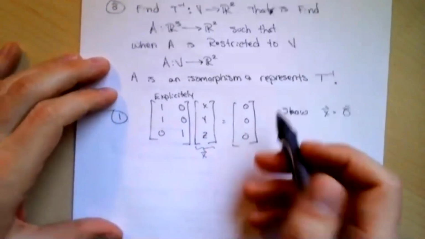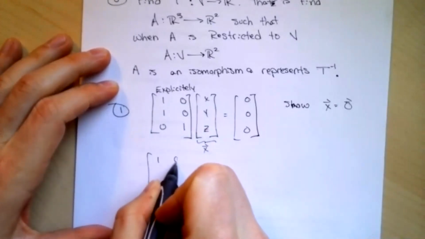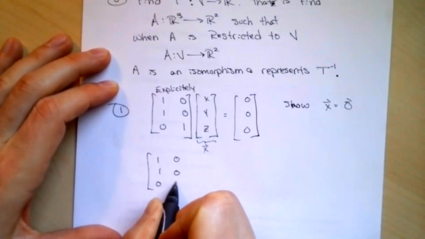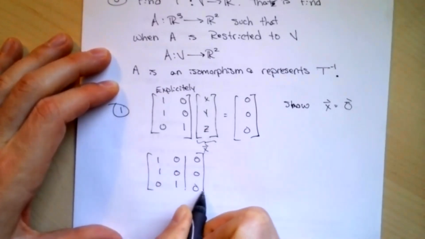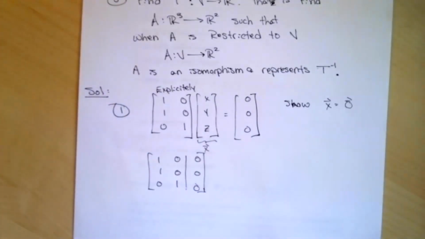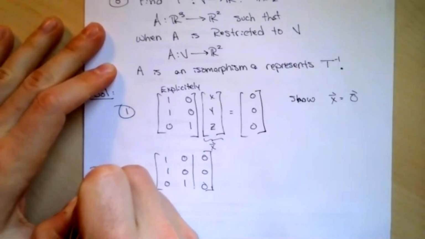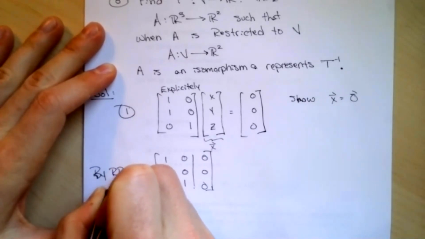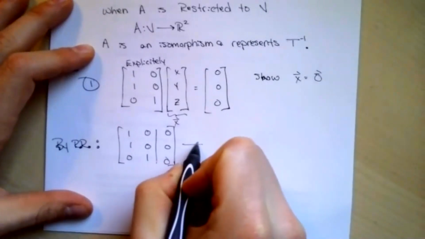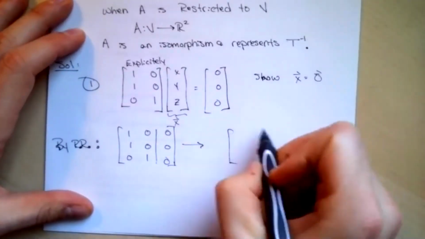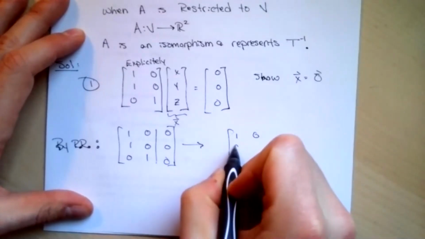Well, this is just a matter of finding the solution to a system of equations, namely what we would solve by our row reduction methods in terms of the augmented matrix. And so we could say by row reducing, what are we going to get?